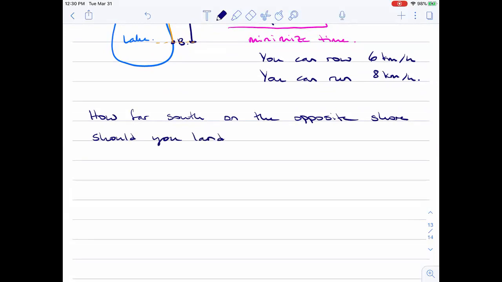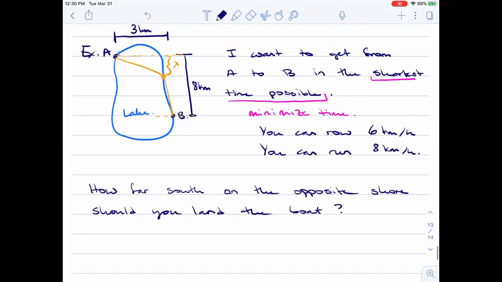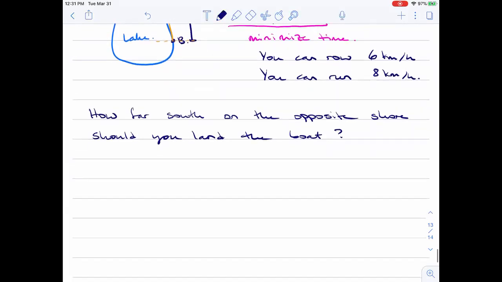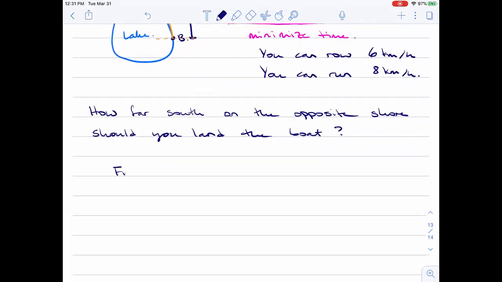We're asking how far this way should we land to minimize the time. And so we want to find x that minimizes the time.